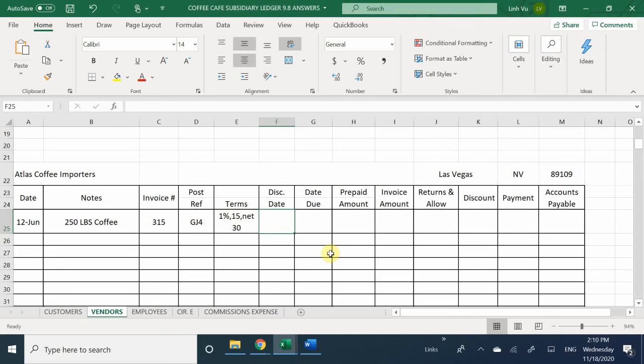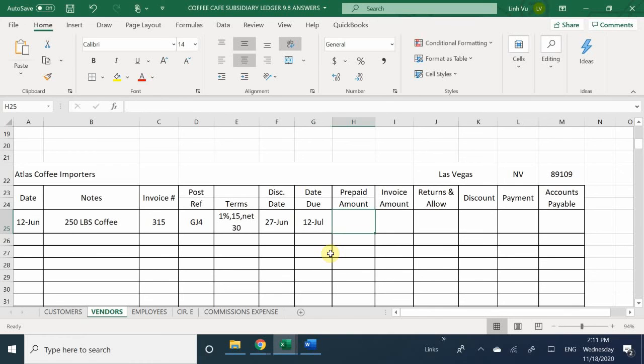On the 27th? Yep, the 27th. So June 27. When is the whole thing due? July the 12th. July 12th, yes.